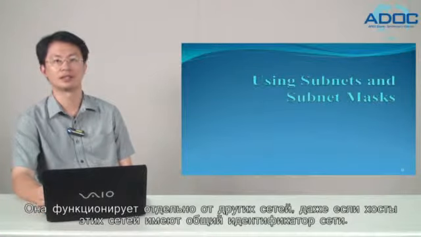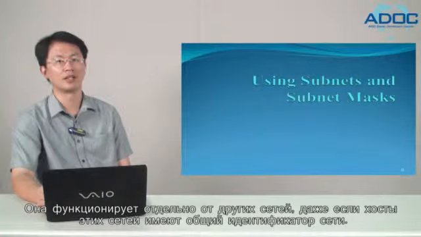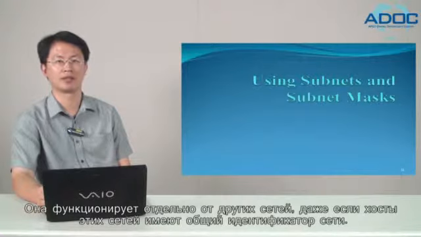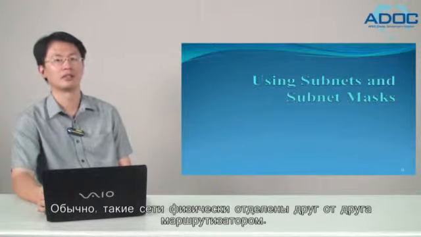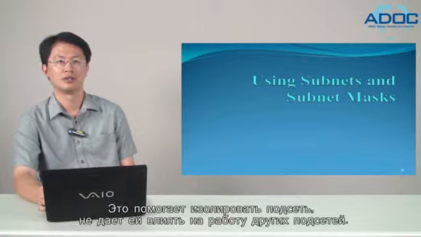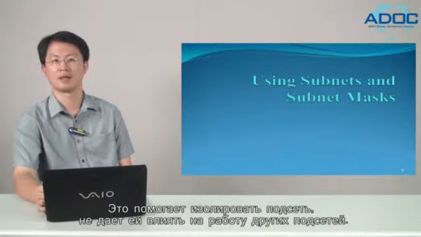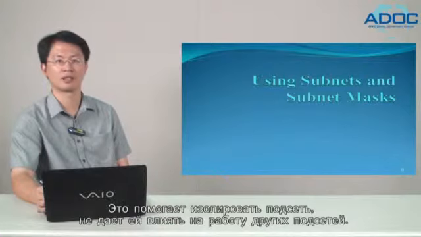Logically, it exists separately from other networks, even if its hosts and those on other networks share the same network ID. Typically, such networks are also physically separated by a router. This ensures that the subnet is isolated and doesn't affect other subnets.